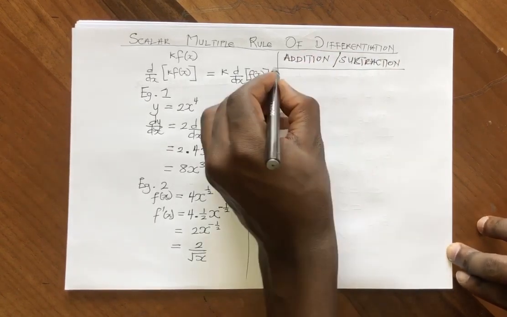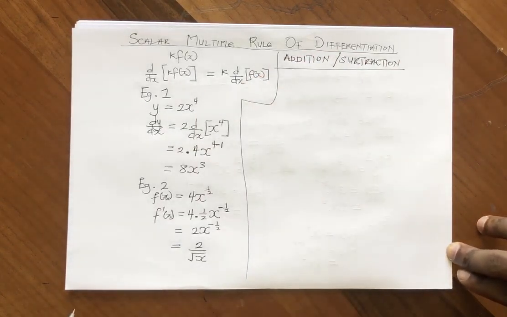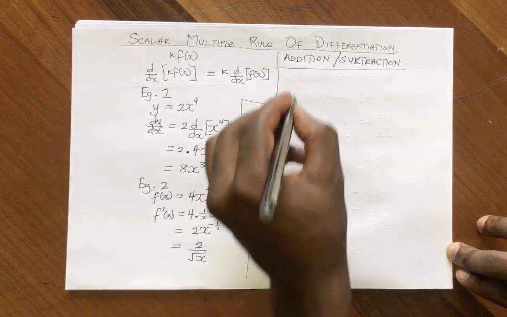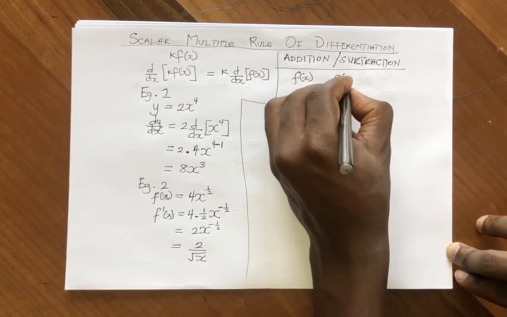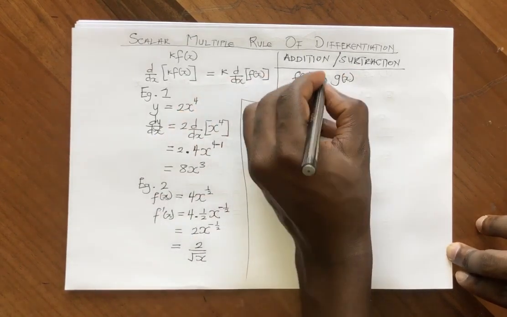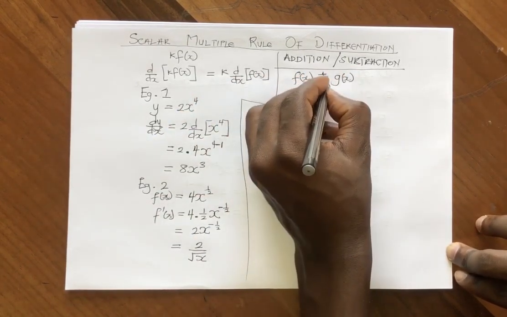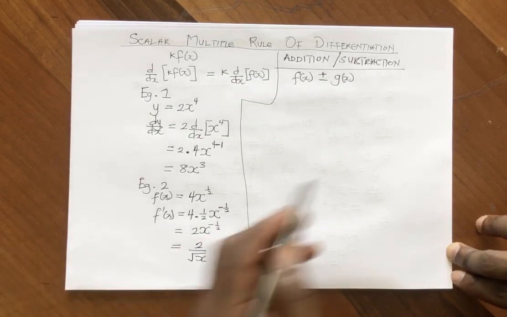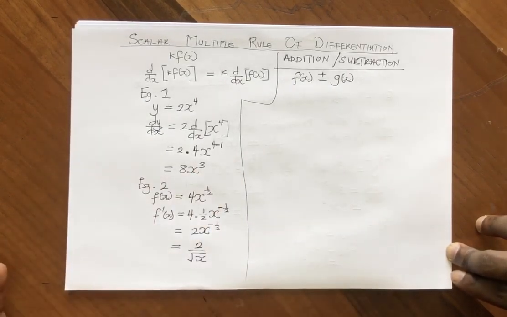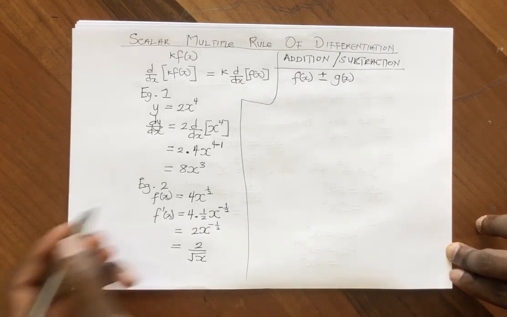Okay, so we may have two functions, f of x and g of x, and we'll be told to either add them up or subtract. So we might have two functions that we are either adding or subtracting. And the instruction will be for us to find the differential of the resultant. So this is what we do.